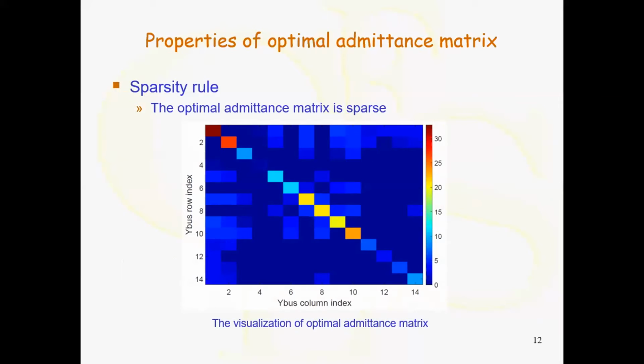To be precise, these entries are less than 10 to the power of -4, and hence their effects can be ignored. It shows that although the optimal admittance matrix numerically corresponds to a complete network, the part that actually matters has a sparse structure. And also note that such sparsity is an intrinsic property held by the OAM problem, rather than a result from some intentional sparsification techniques.